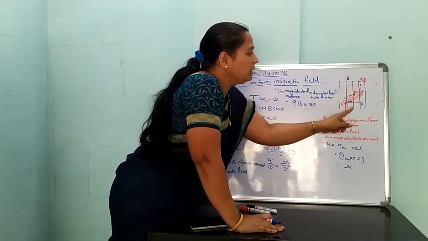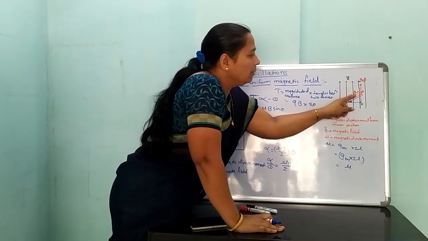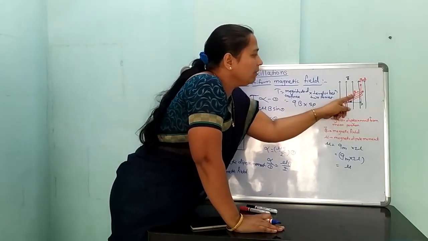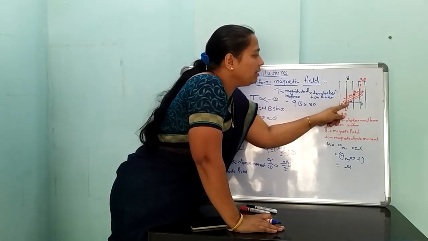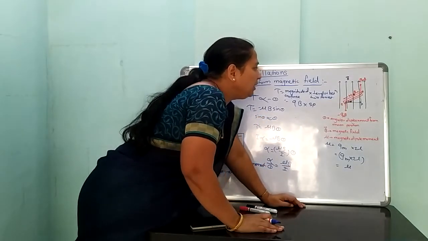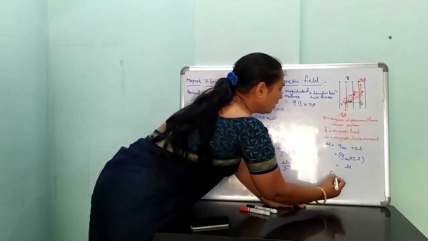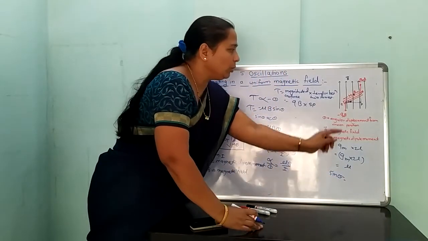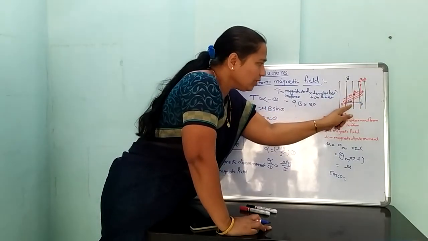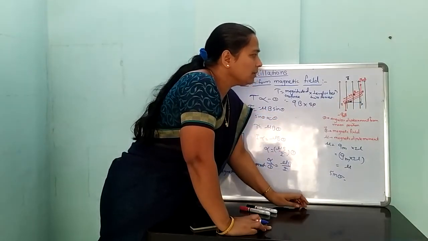That angle is theta, and since these are parallel lines, these are adjacent angles, so that angle is also denoted by theta. Hence sin theta is equal to opposite side upon hypotenuse.